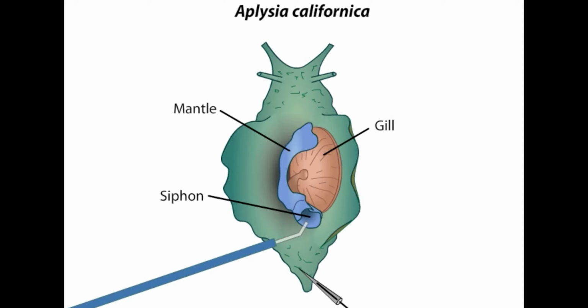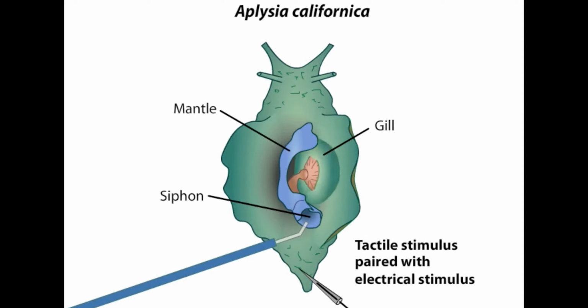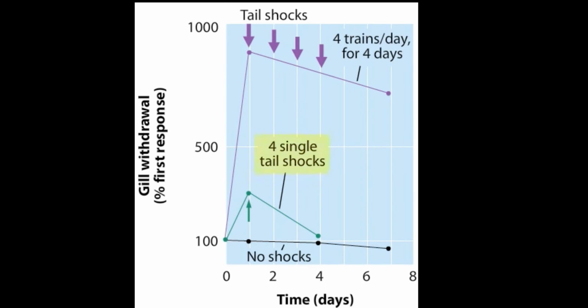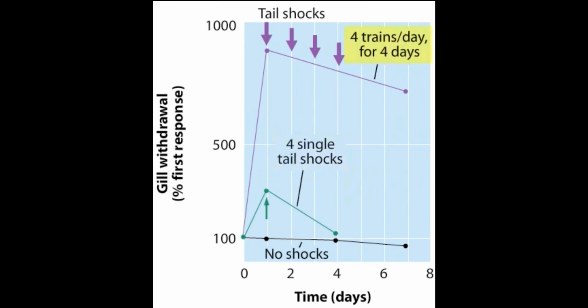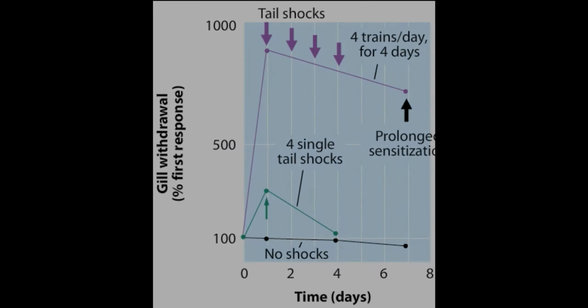They discovered that pairing of tactile stimulation on the siphon and electrical stimulation on the tail resulted in an elevated response of gill withdrawal, a phenomenon called sensitization. Applying continuous electrical stimulation over the course of several days resulted in a prolonged sensitization.